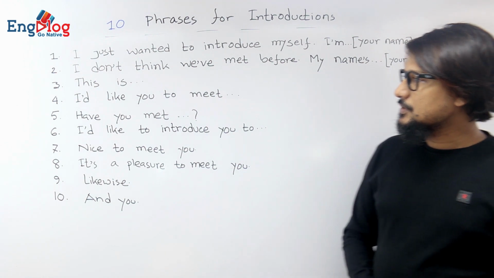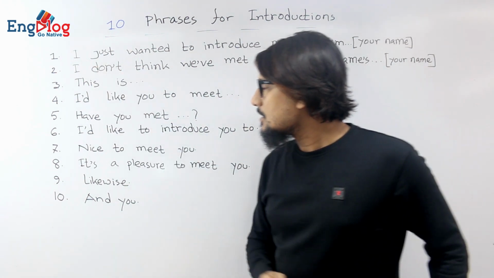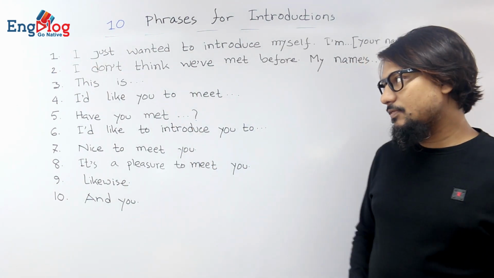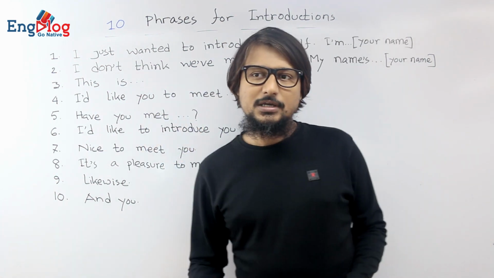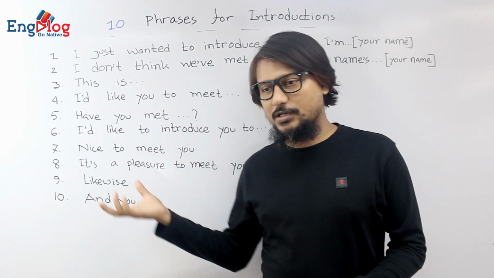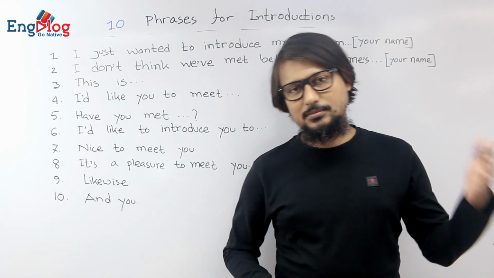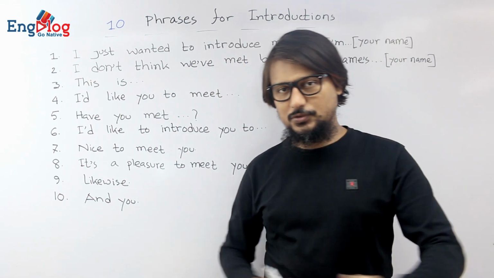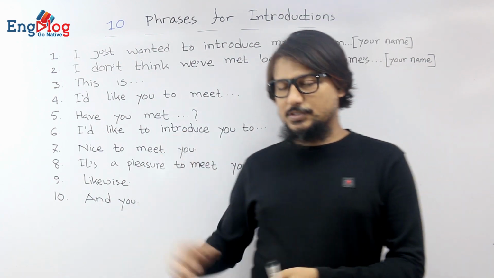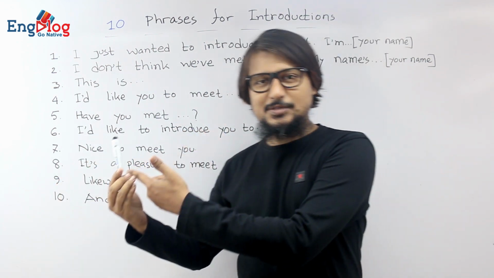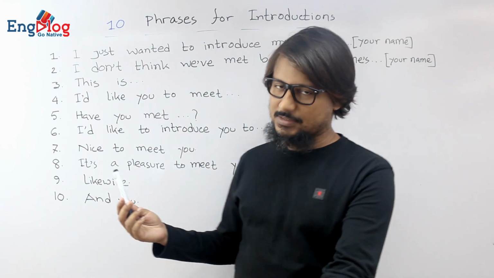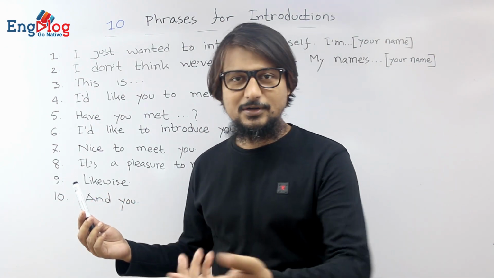Okay. Number three, this is. You can use this phrase for yourself or for others when you want to introduce them to others. For example, there is another man, so this is Mr. Pen, and Mr. Pen, this is Mr. Rubber, or eraser.